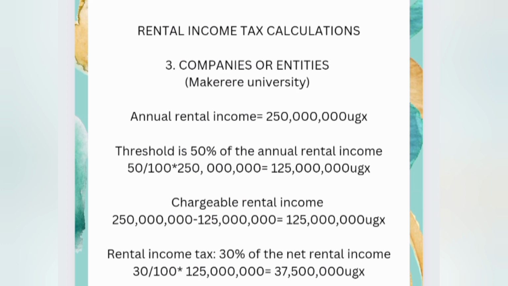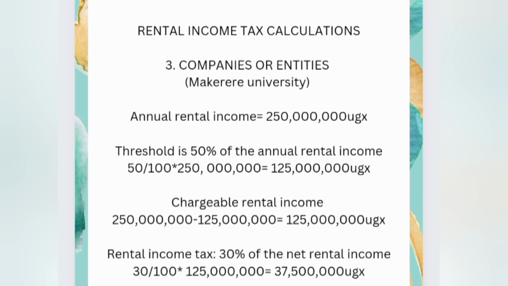So if we calculate that, we get the rental income tax for Makerere University for this particular year as 37,500,000. So as you can see, that is the example for the registered entities, which is normally the institutions, the companies, the corporate bodies, all those registered entities.